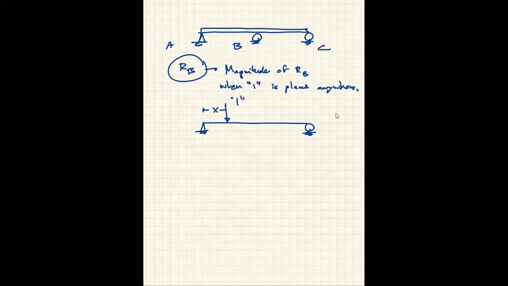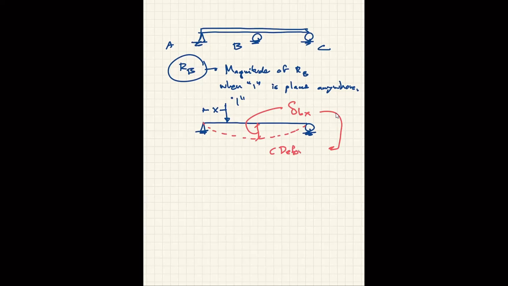Now, of course, when you have the load, you are going to have the deformation. Remember the force method. Okay, this is the deformation at B due to the unit load at X. So we can call that delta Bx.